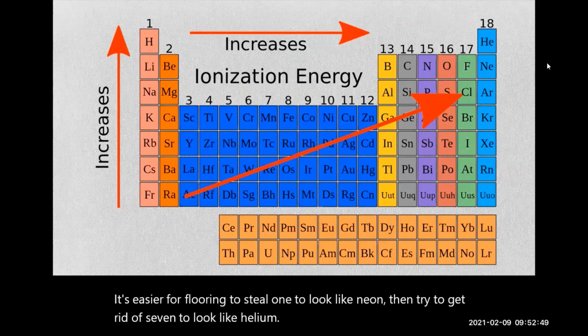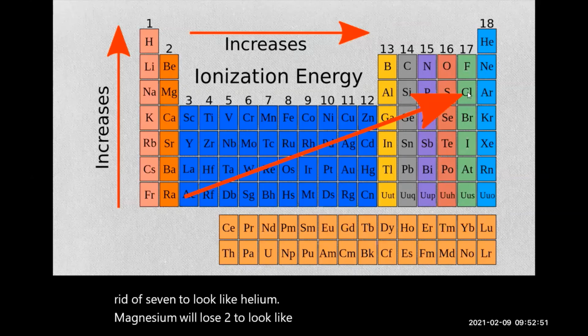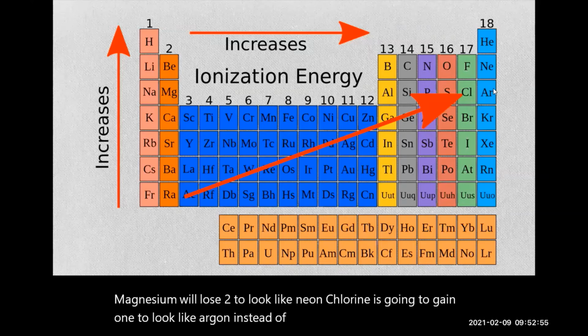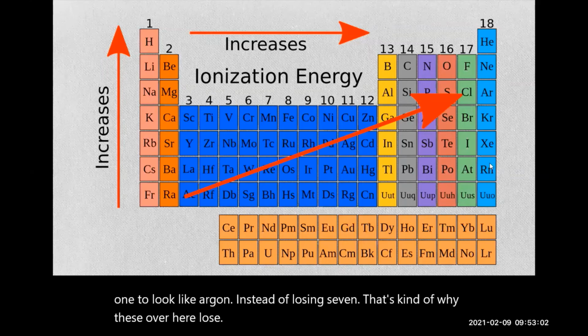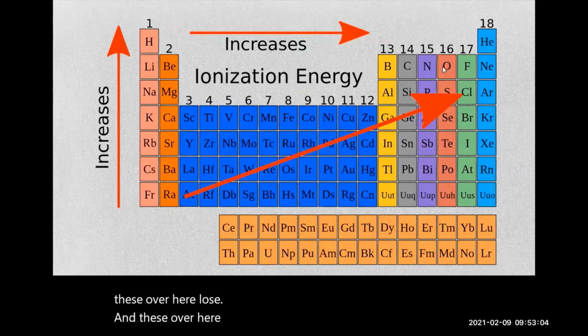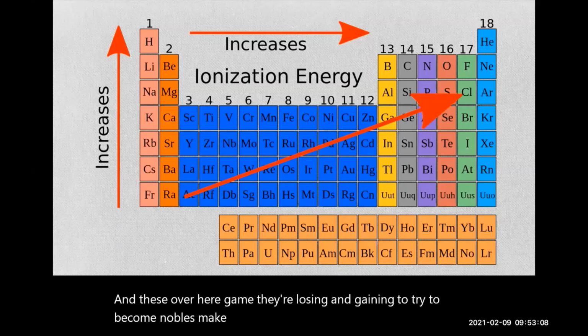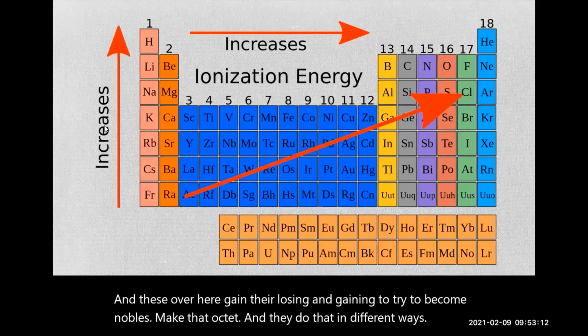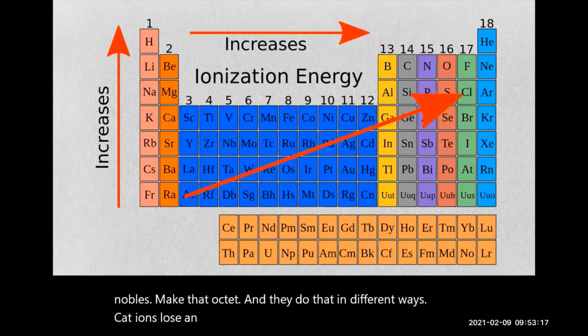Magnesium will lose 2 to look like neon. Chlorine is going to gain 1 to look like argon instead of losing 7. That's kind of why these over here lose and these over here gain. They're losing and gaining to try to become noble, to make that octet, and they do that in different ways. Cations lose, anions gain.